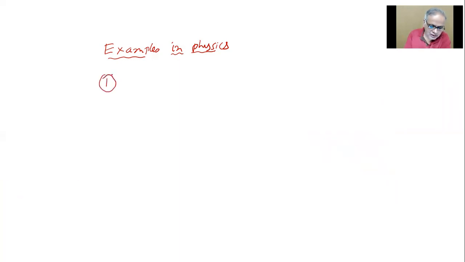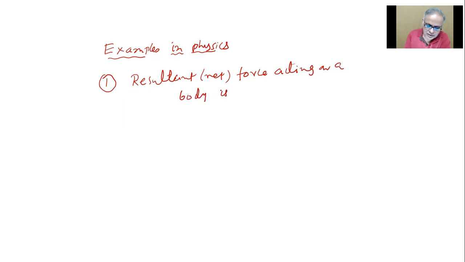One, the resultant or net force acting on a particle, on a body, is the vector sum of the individual forces acting on it.